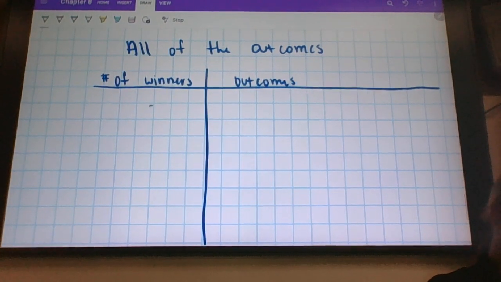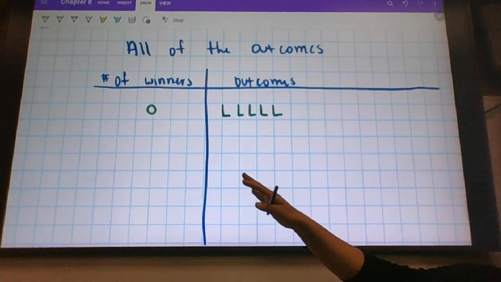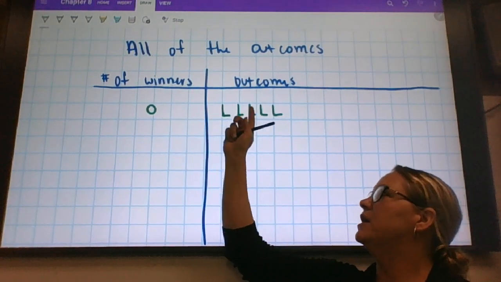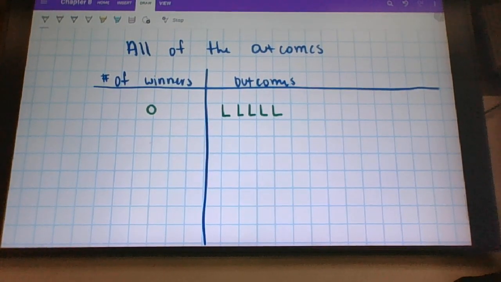Alright, if there were 0 winners, that would mean there was a loser on day 1, day 2, day 3, day 4, and day 5. Okay, 0 winners would mean there was a loser on each of the 5 days. What would it look like if there was 1 winner that week?